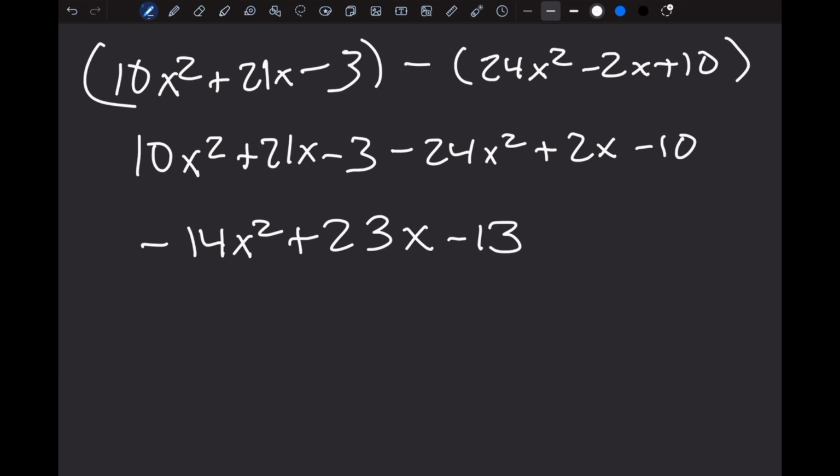There's technically other things that you could do with this. If we had this equal to 0, you could try to find the roots, and the quadratic formula would probably be your best friend here. I don't think you would want to try the factoring method that you may have learned, which is also something we can get into another time.